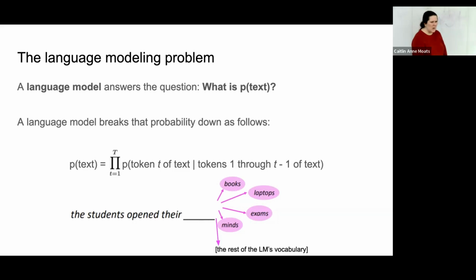That might seem like a weird thing to ask ourselves, right? Like, well, if the text exists, then why do we care about the probability of it? It's just text. We care about it because determining the probability of a particular piece of text is what allows the language model to judge what looks like language it's seen and what's probably out of distribution for language it's seen.